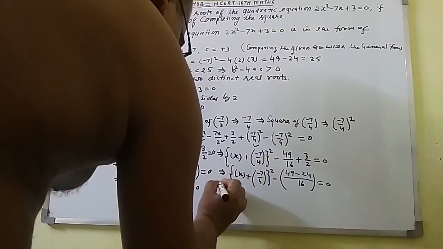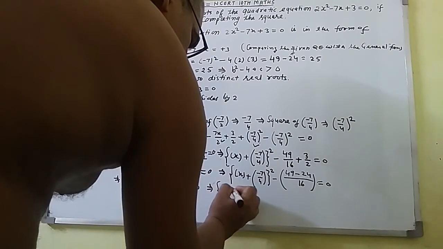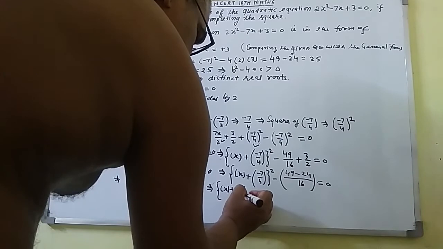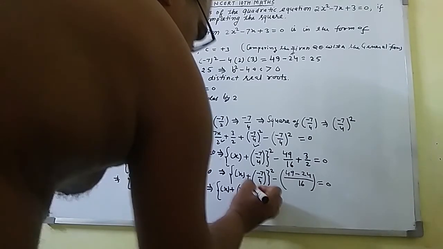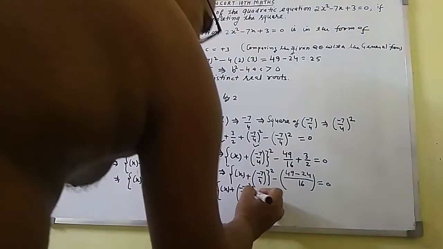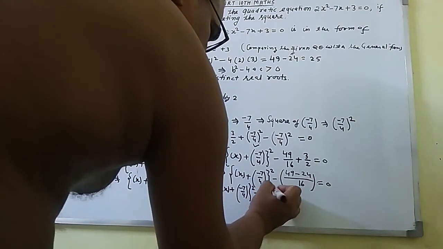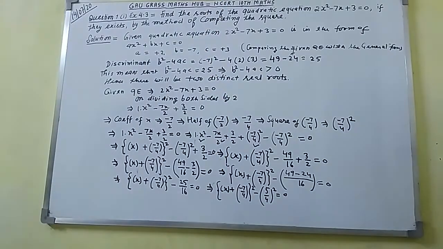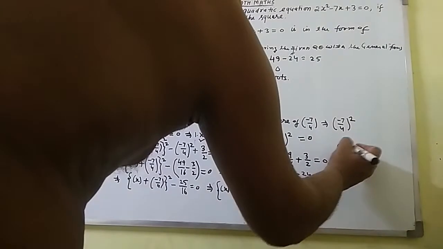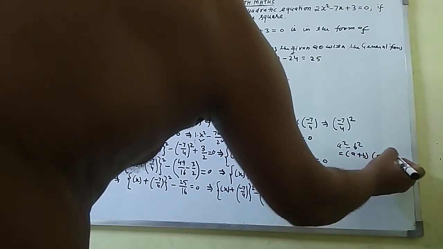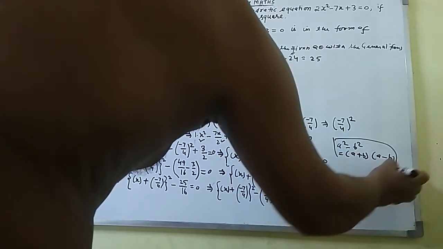Here you can write the same x in one bracket, another minus 7 over 4, curly bracket whole square, minus 5 over 4 whole square equal to 0. Now you have the formula a square minus b square. This is a plus b in one bracket, in another bracket a minus b. This is the correct formula.